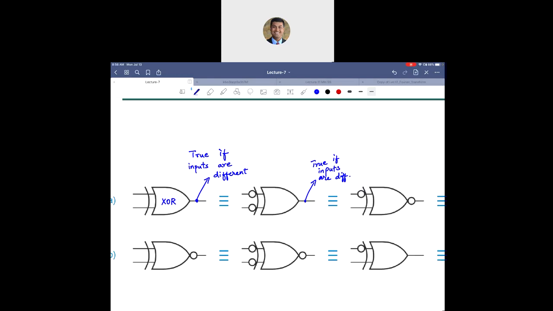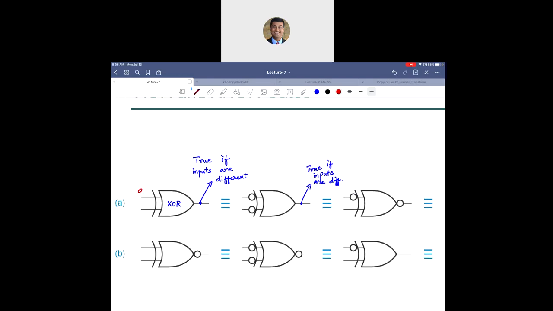If you have 0, 1 here, that indicates the inputs are different. That also means that over here, if this is 0, 1, that also means the same way, right? If you started with 1, 0 here, it also means the same way. So it doesn't matter if you have the inputs in true form or complement form. Because you are complementing both of them, it is still a valid symbol for exclusive OR.